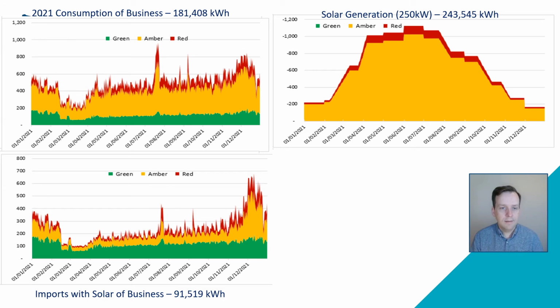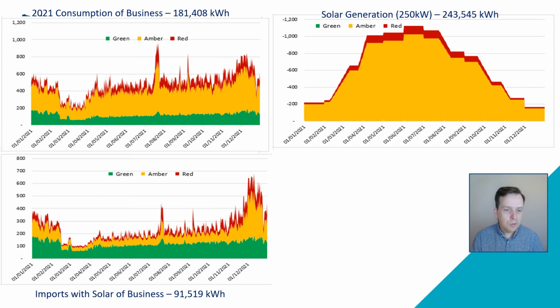So with this generation and this consumption, adding them together, bear in mind we have negative generation and consumption is a positive number, so adding the negative to the positive, we have this chart. And what you can see is that a significant chunk of the amber, and to a lesser extent the red, but still some red, has been removed from the import.